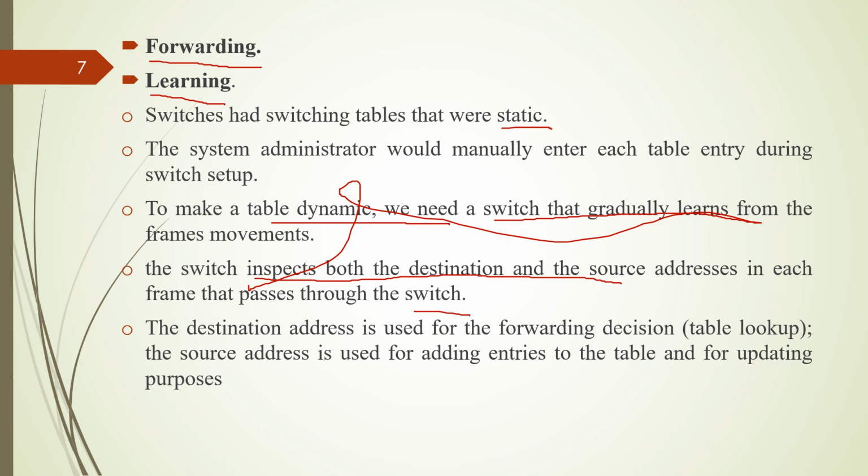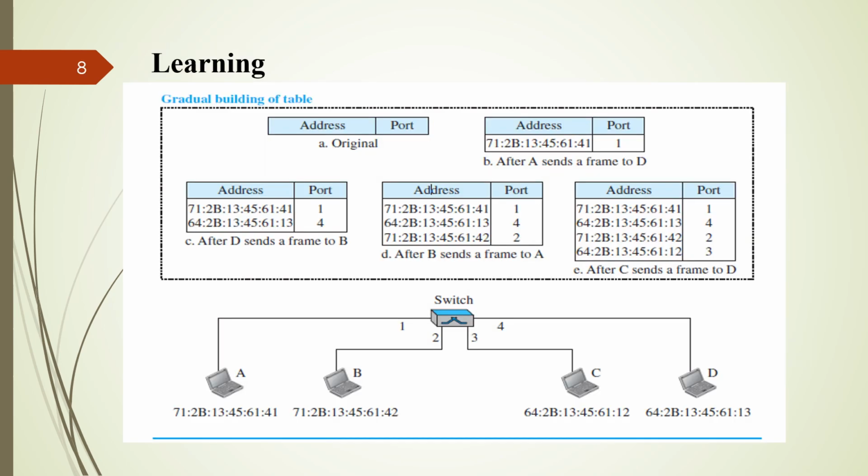The destination address is required to forward the frame to the proper destination, and the source address is needed to add or update entries in the table. The figure shows an example of how a switch learns from frame movement and updates the switching table.